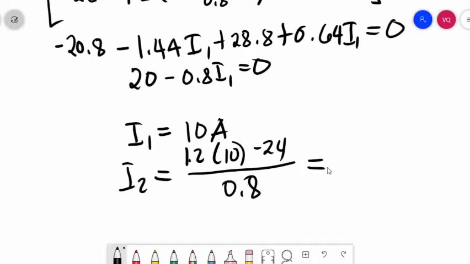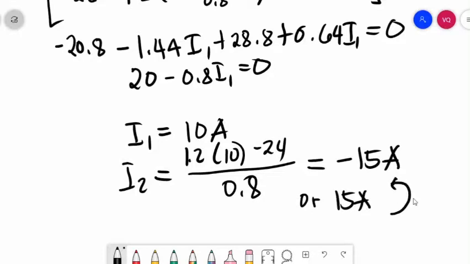So, I2 is equal to negative 15 amperes. Dapat ganito yung direction ng loop current natin. So, tama pa rin.